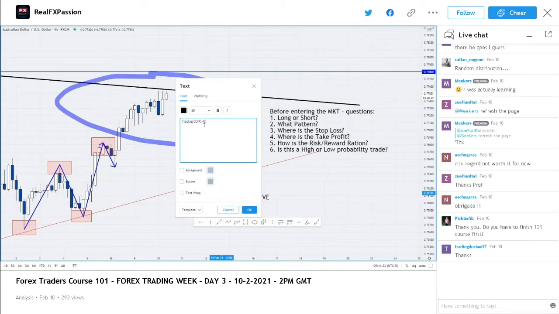Trading concept. Trade what you see, not what you think is going to happen. Make sense, everybody? Or trade it when it happens, beginner traders. Okay, not before.